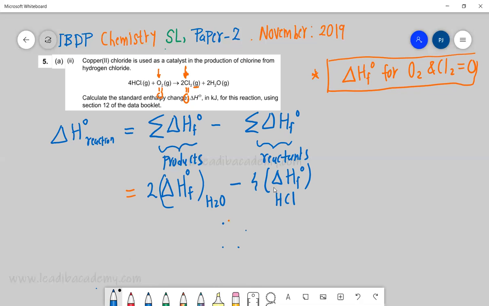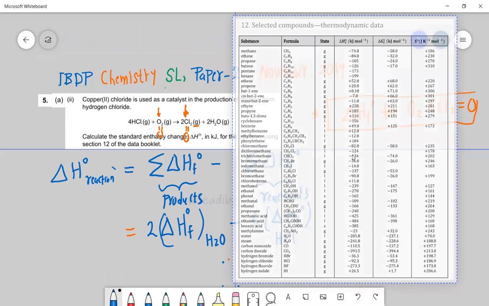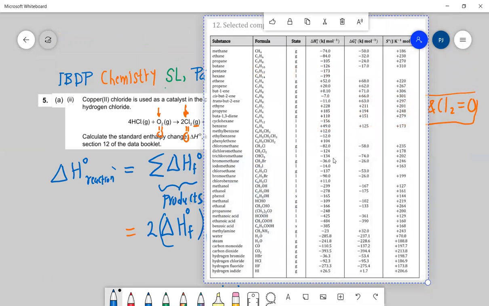Okay, simple. Now what we'll do, we'll go to the data booklet, and let's see for the water. Let's see whether water is in the gaseous form. So we have to use appropriately the steam part.